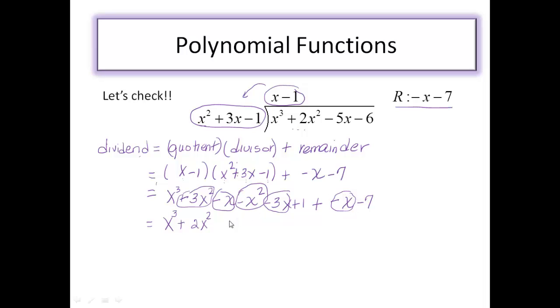That gives you a total of negative 5x's. And then I have my constants. So I have a plus 1 and a minus 7. That gives you negative 6. And make sure that this result that you got is equal to your dividend. And it is. That means that this checks out.